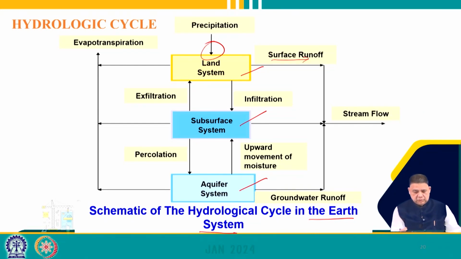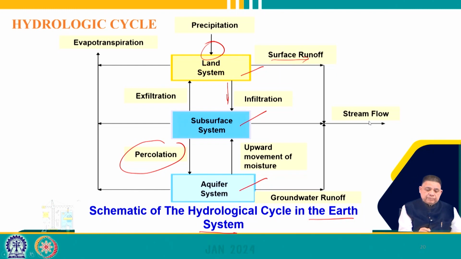Then water gets infiltrated, reaches the subsurface system, from where again flow takes place and water reaches the stream flow. Then water gets percolated, reaches the aquifer system, from where groundwater flow or groundwater runoff takes place, and that contributes to surface flow.